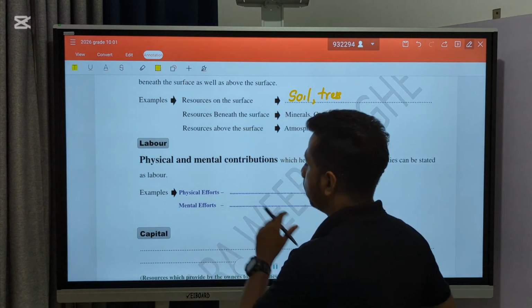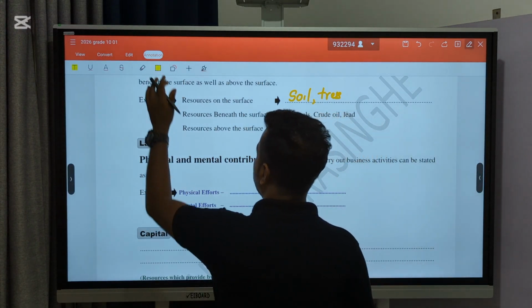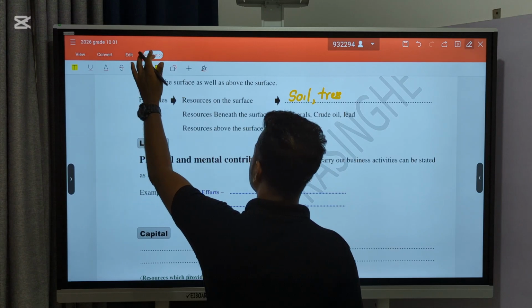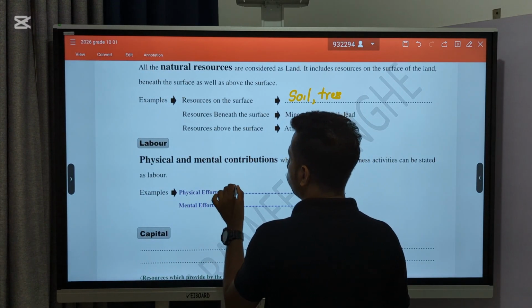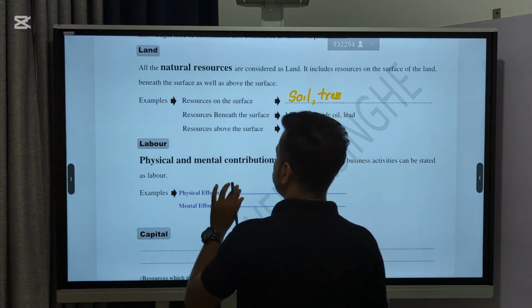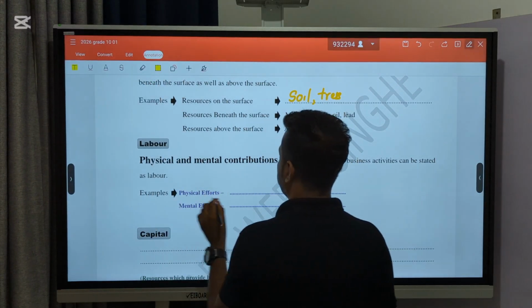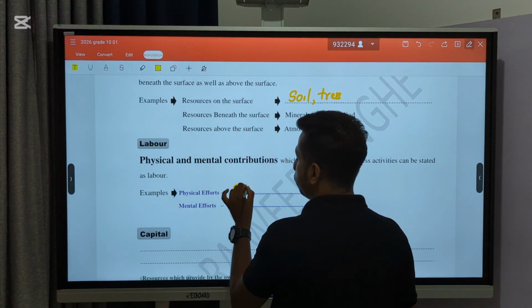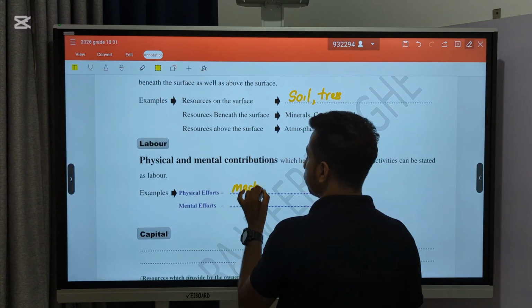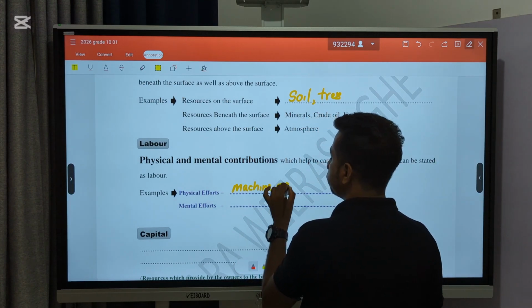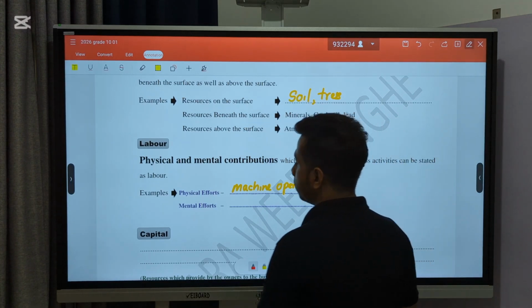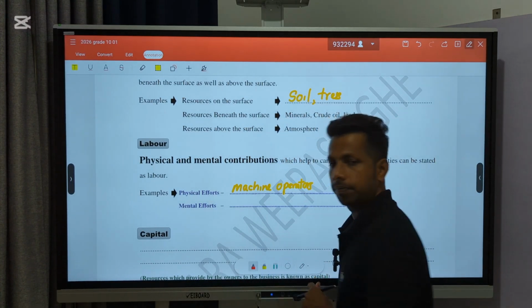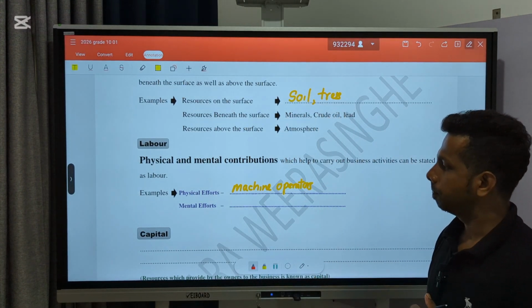However, in front of physical efforts you can mention here machine operators, dear children. They contribute physically, no? Machine operators, carpenters, likewise, farmers.